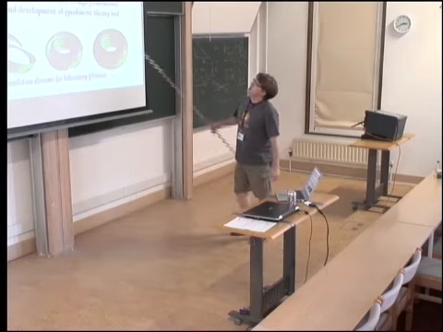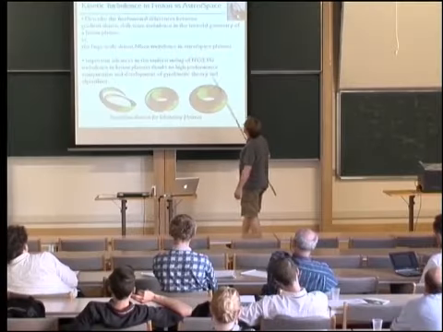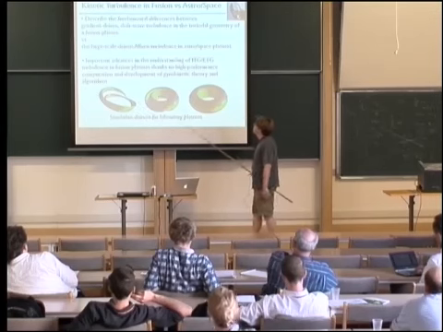So in the tokamak, we're looking at gradient-driven drift wave turbulence in a complicated, nasty geometry, and everybody cares because of oil spills and things like that, because we're trying to get away from that world. So this is hard for its set of reasons. Looking at space problems, it's really quite different. There's no background gradients that we're worried about.